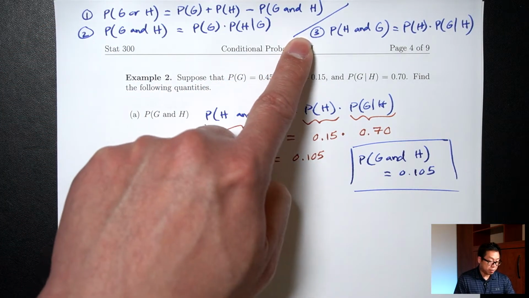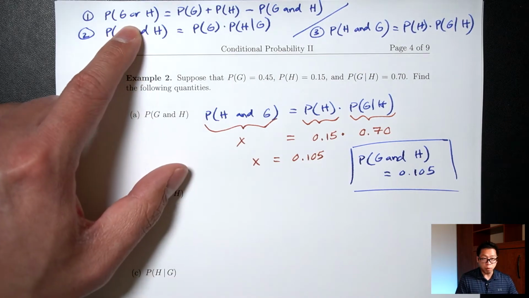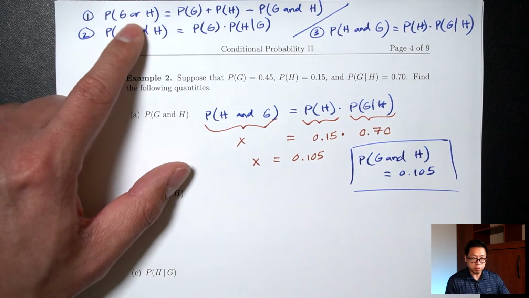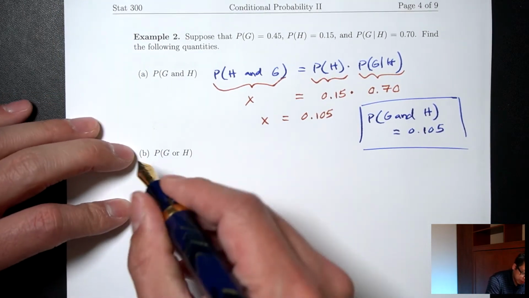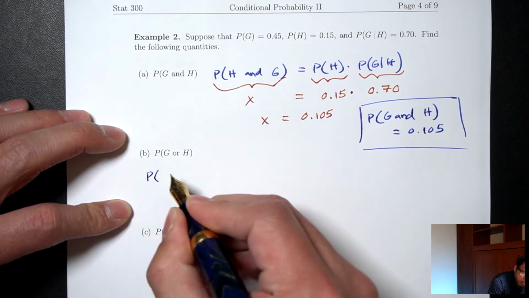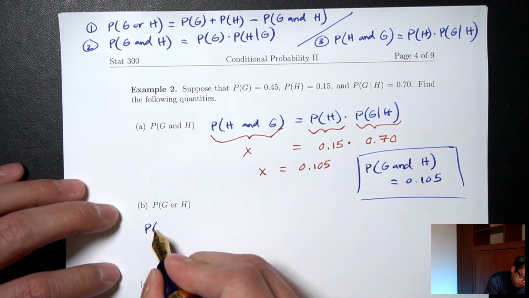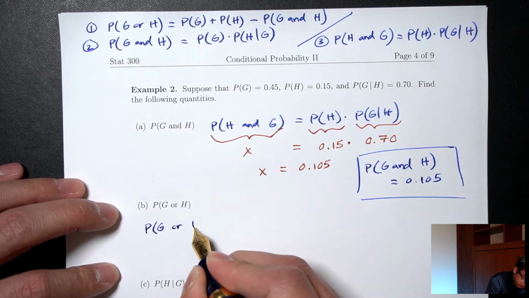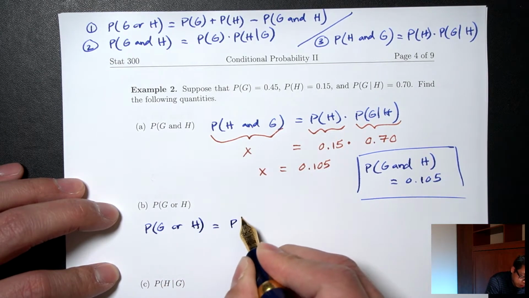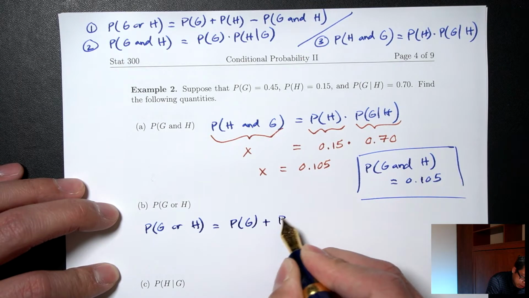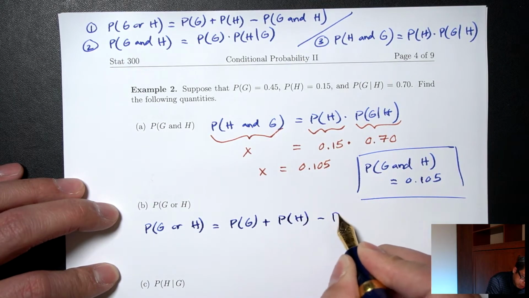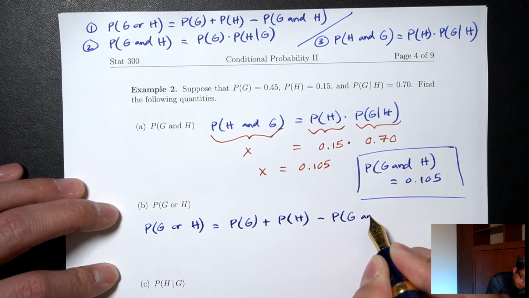There's only one that has the or in it. That's the first one. So we have no choice but to use the first one. So let me recopy it. So it's going to be G or H equals probability of G plus probability of H minus the probability of G and H.